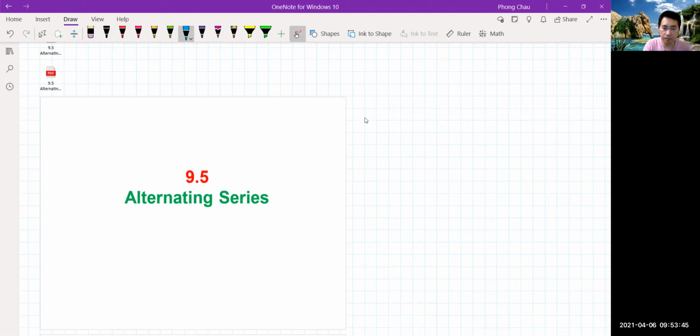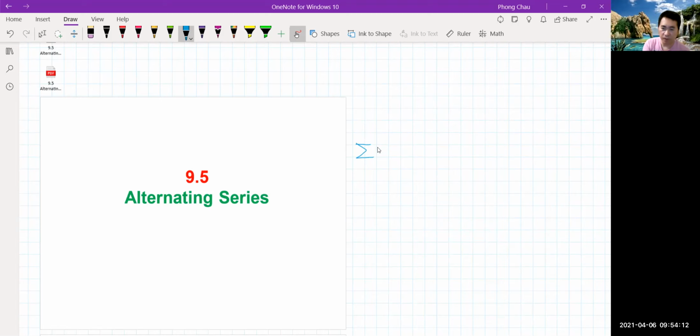Now, first of all, the series that we consider, most of the time, contains all positive terms. Now, there are times we have series that have terms that are positive and negative, and usually it will be alternately positive and negative.